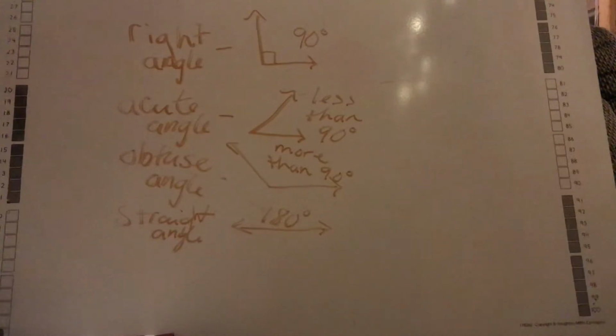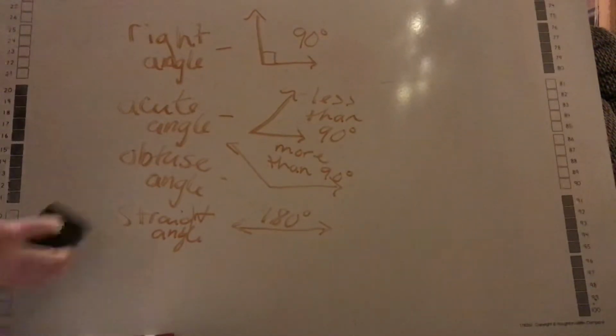So if we look down at example 1, first it gives us an angle that looks like this. Actually, that's not a very good drawing. It's more like this. And it wants you to identify it. It does not have the little square in the corner to indicate that it's 90 degrees.